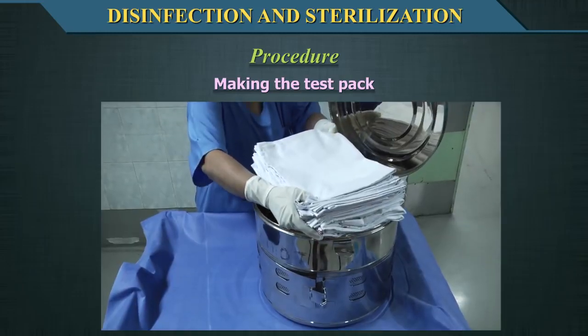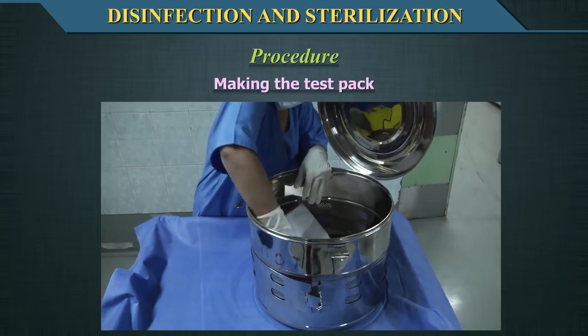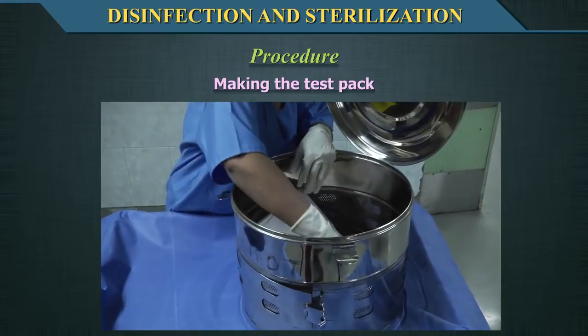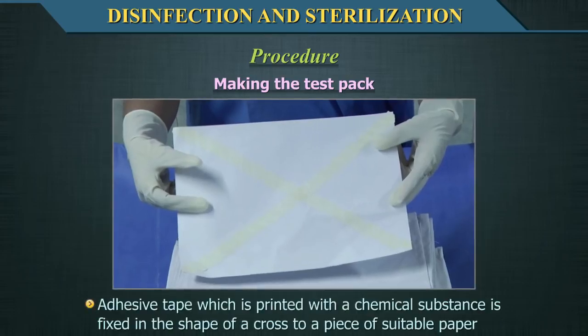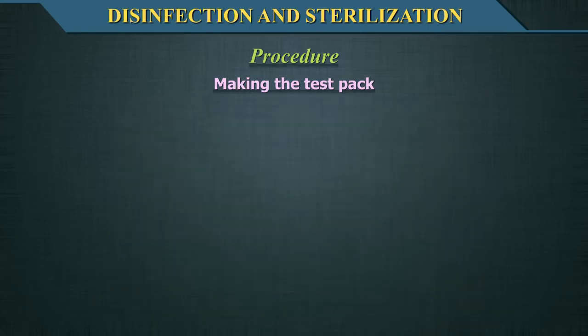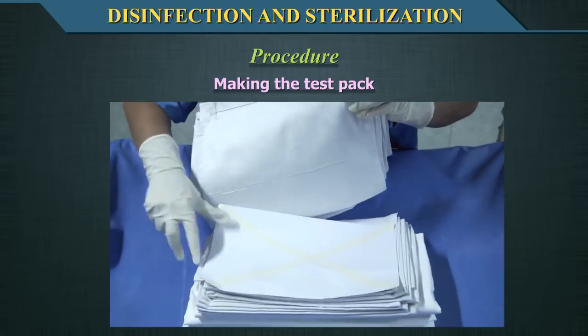The stack may be placed in a dressing casket or a box made of cardboard or metal which is not airtight. The stack can be wrapped in linen, paper, or secured with tape. An adhesive tape, which is printed with a chemical substance, is fixed in the shape of a cross. This test sheet is placed in the center of the stack of towels.